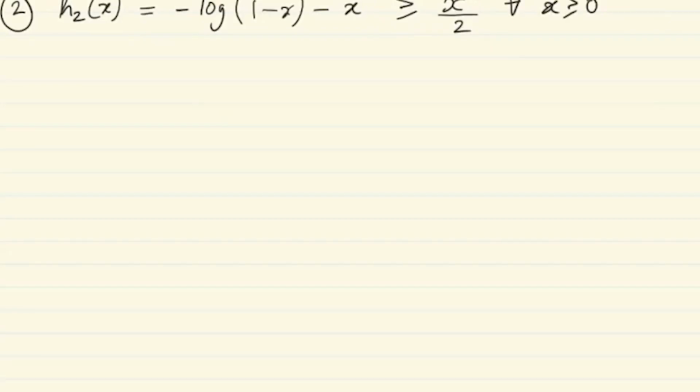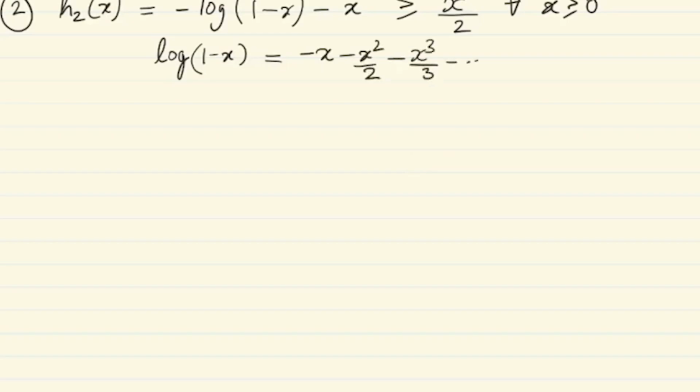Okay, this is basically because if you think of the Taylor expansion of log of 1 minus x, this is minus x square by 2 minus x cube by 3 minus so on. And since you are subtracting off, this is at most minus x square by 2. Okay, and that's basically the inequality above.